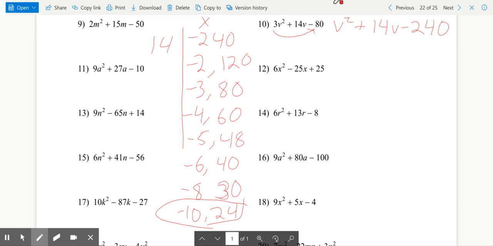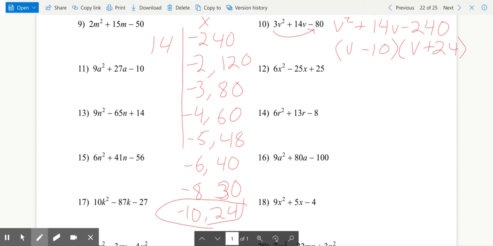Remember, we're factoring this like it's a trinomial with a leading coefficient of 1. So we can just rewrite it like this: v minus 10, v plus 24.